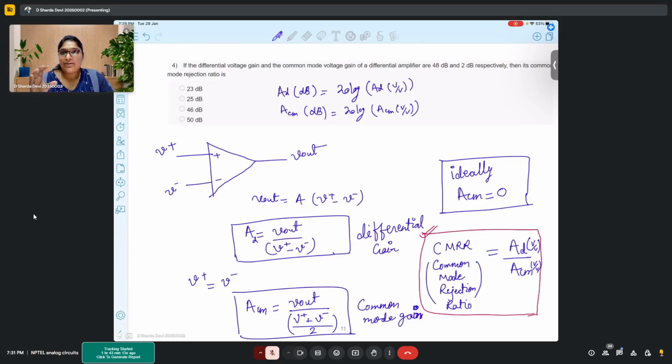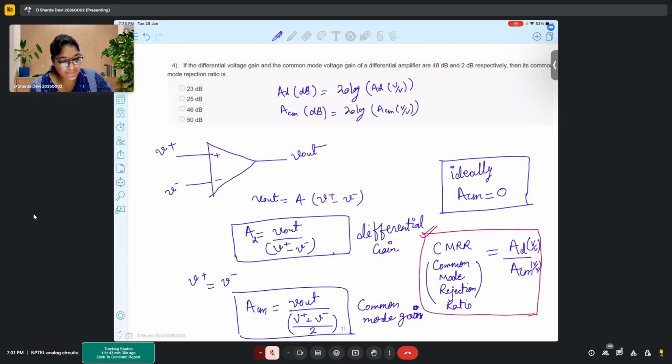So if mathematically you have a fraction, and when you take the log of it, what happens in log? It becomes subtraction, right? If there is a fraction, when you take the log of that fraction, you get the subtraction of the numerator and denominator terms. Yes, ma'am. Am I making sense?